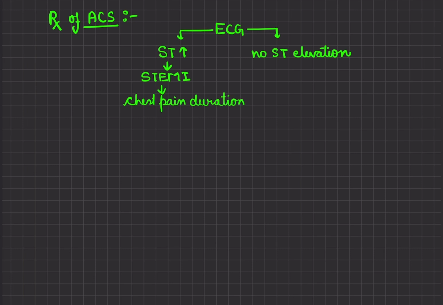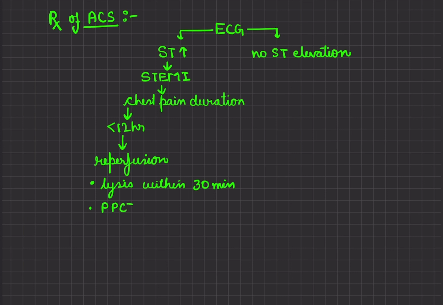If the chest pain duration is less than 12 hours, then do reperfusion by lysis within 30 minutes, or you can do primary PCI within 90 minutes.